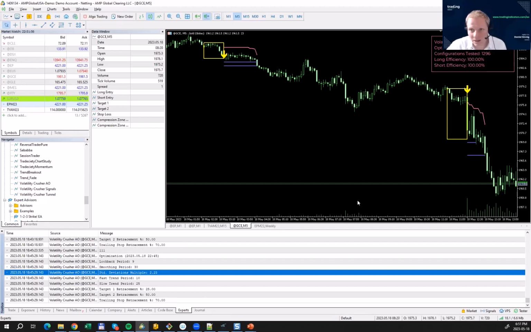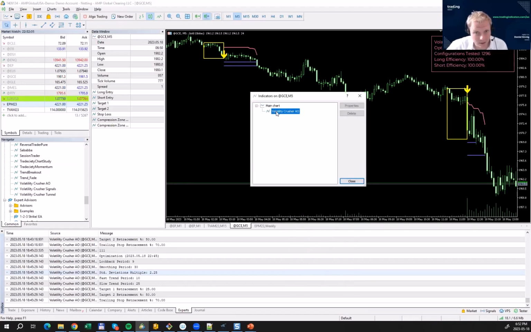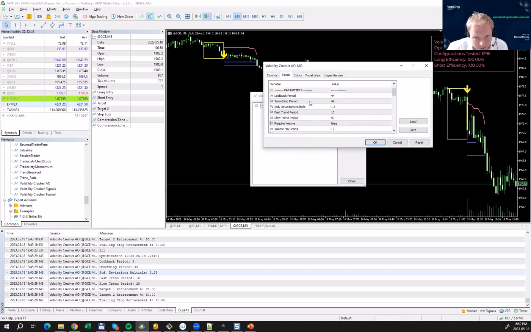And then if you don't want the indicator to use these optimal settings, you can tell the indicator, hey, listen, for the time being, while I am in that trade, use my manually input settings. So the settings that you see here, you can manually put into these parameters. And you will tell the indicator as well, do not optimize.